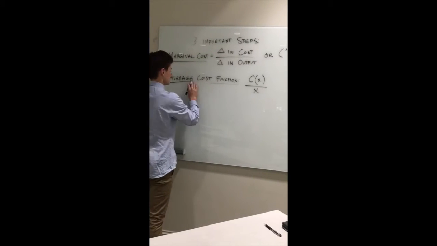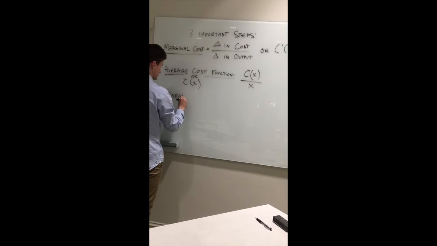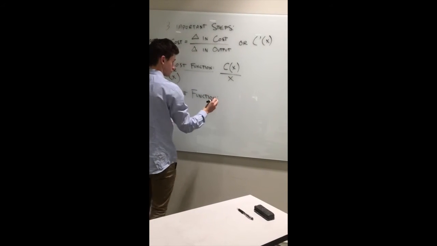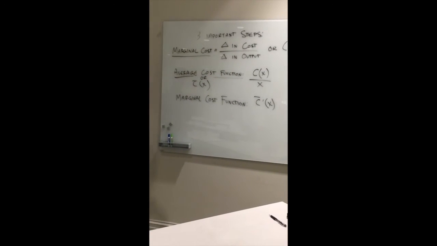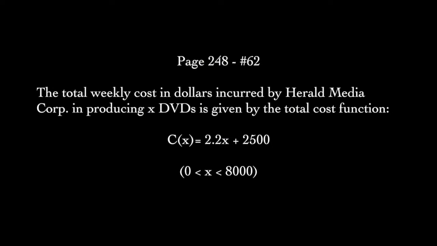And the average cost function is also seen in your book as c bar of x. And the final one is the average marginal cost function, and we can read that as the derivative of c bar of x.